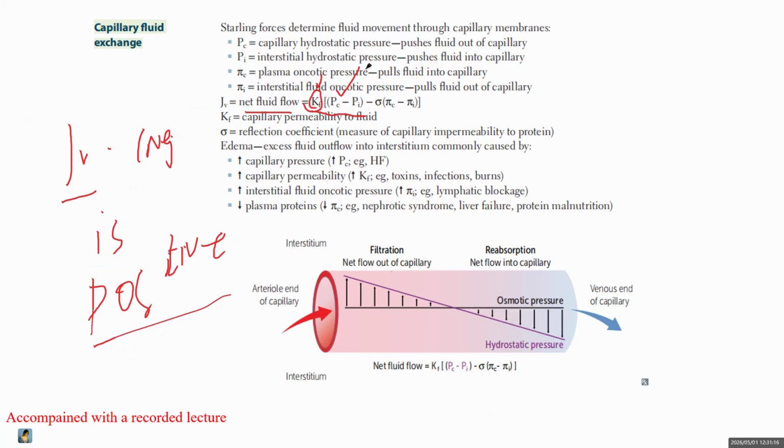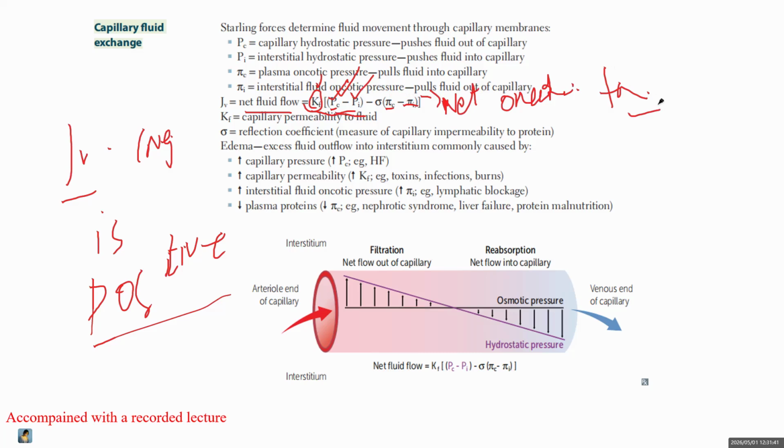That is the net hydrostatic force. Since this PC pushes the fluid outward, and this PI pushes the fluid inward, if we subtract the PI from the PC, that is the pi C minus the pi I, what is going to happen? This is known as the net oncotic pressure, the net oncotic force.